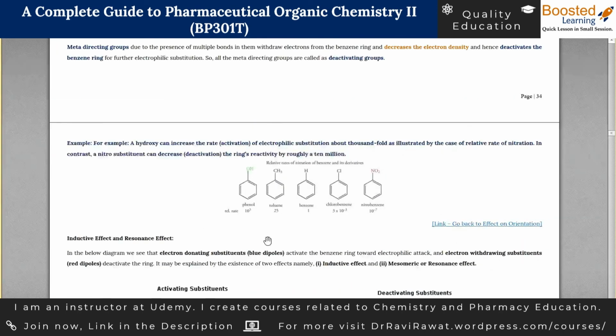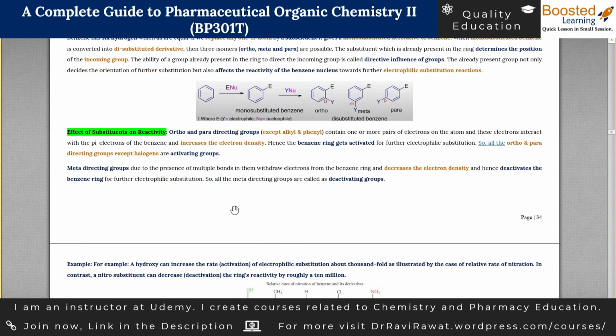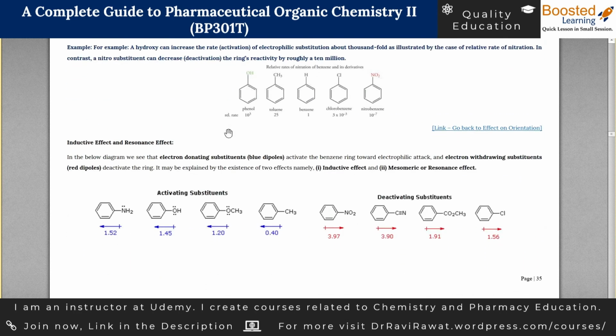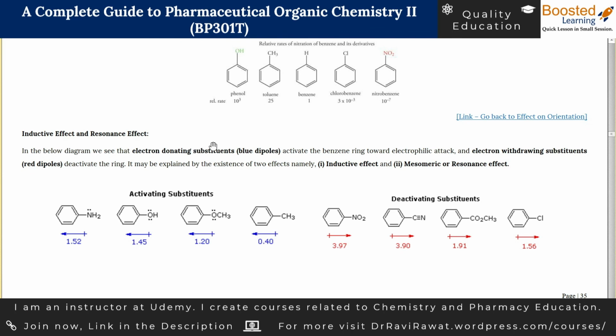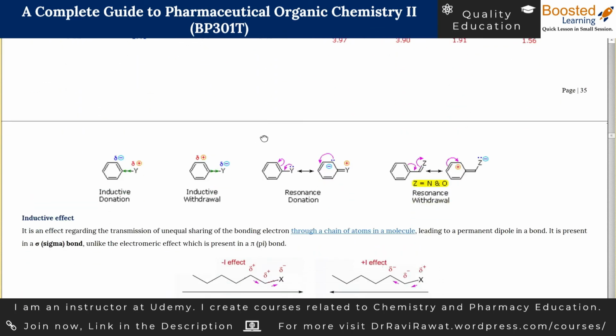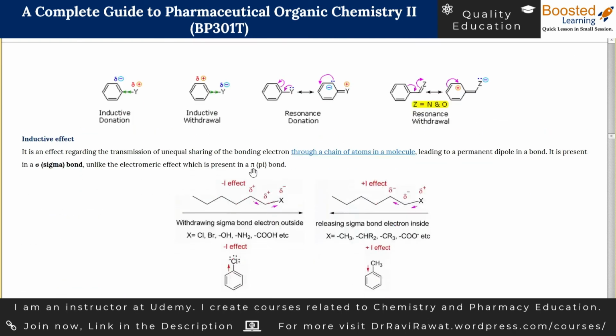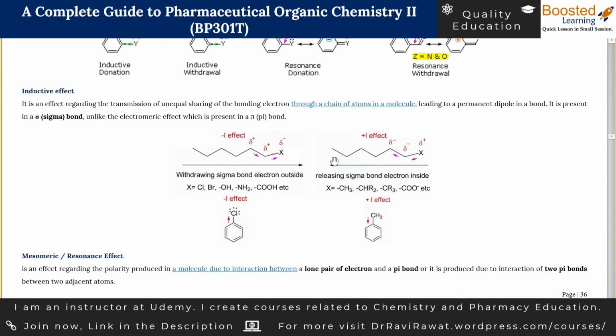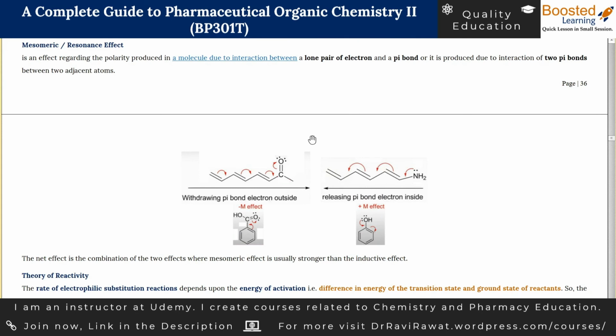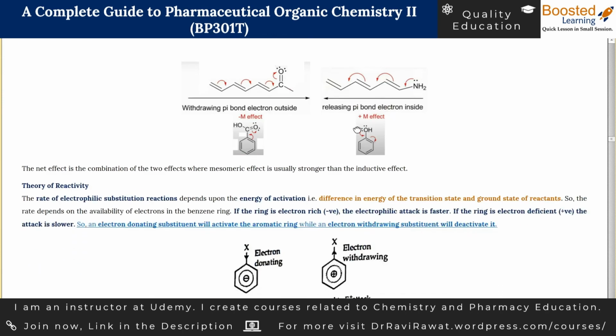I hope all these things are clear to you, how a group exerts effect on reactivity of benzene, and how there are two different effects which are the basis of this electron donation and withdrawal. I have explained to you the positive and the negative inductive effect with examples, the positive resonance effect and the negative resonance effect with examples. If a question comes on any of these topics, I'm sure you will be able to handle it.